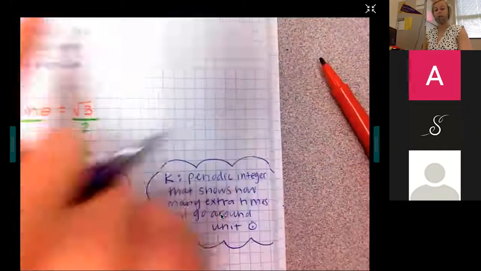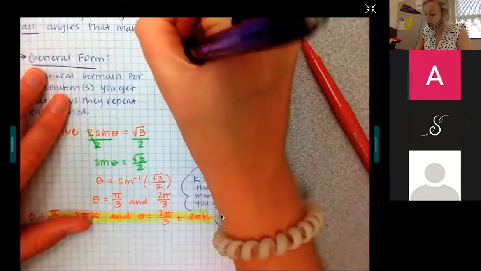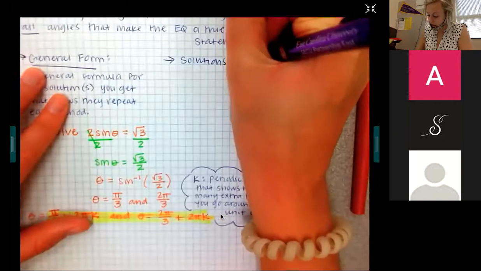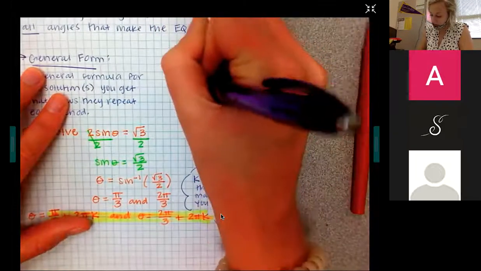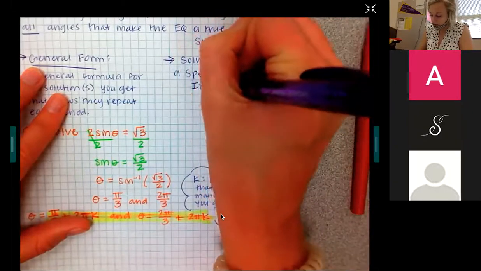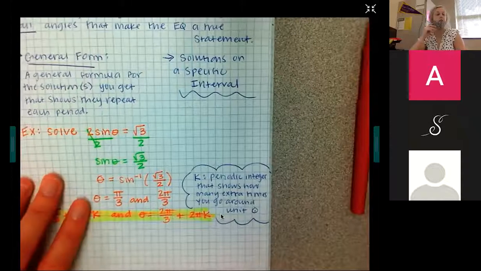All right, so they could ask you for general form. They could also just ask you for the solutions on a specific interval. It's usually a lot easier if they just ask us for general form.